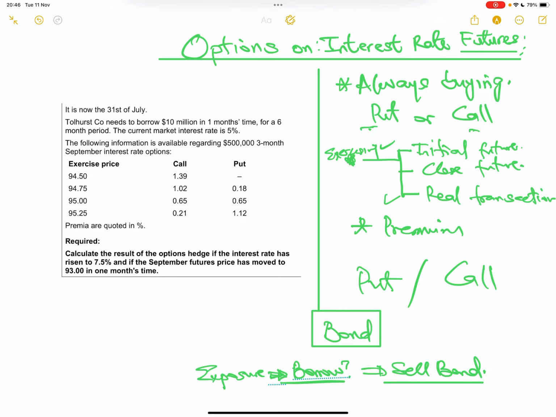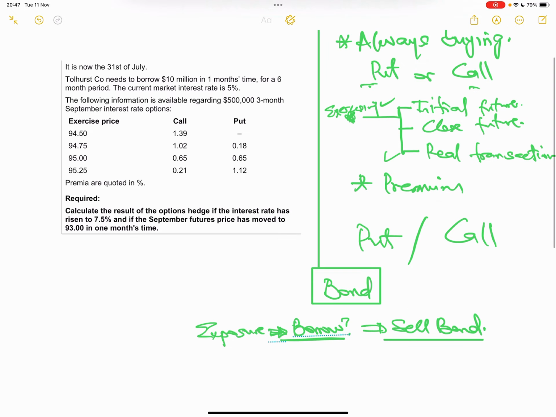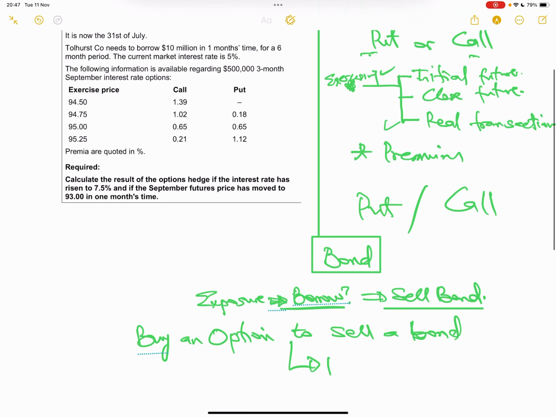So if you want to put an option on top of that, what you are trying to do is to buy an option to sell a bond. That is what it means in English. So this is borrowing. If it is borrowing, you are trying to hedge.